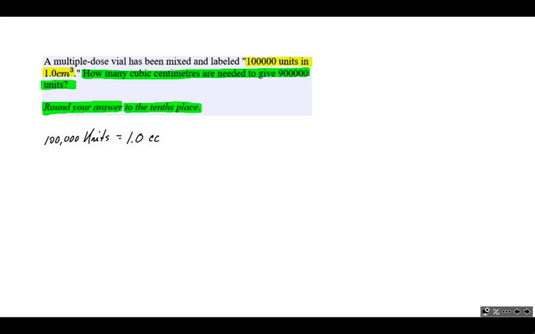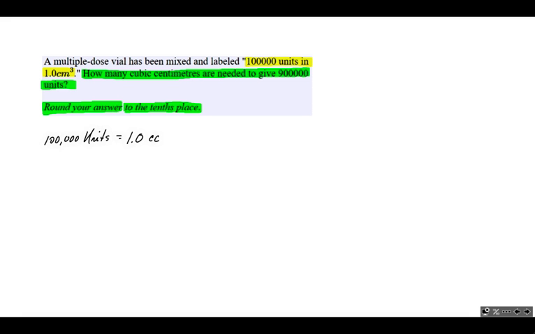And that is kind of an equivalency. If we give 1 cc, we're administering 100,000 units. In order to get 100,000 units, we need to administer 1 cc of medication. So those things are equal to each other, we can say.